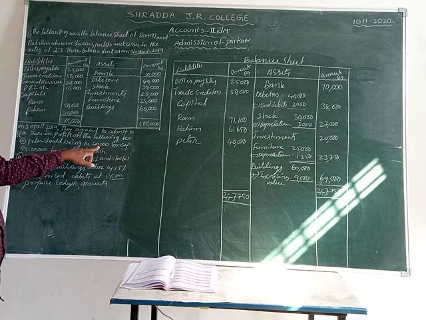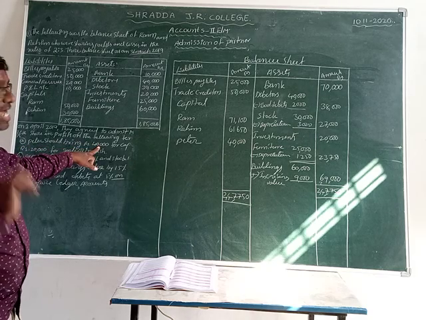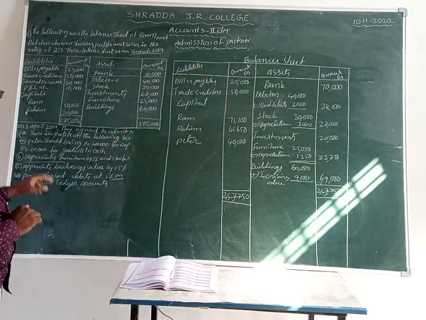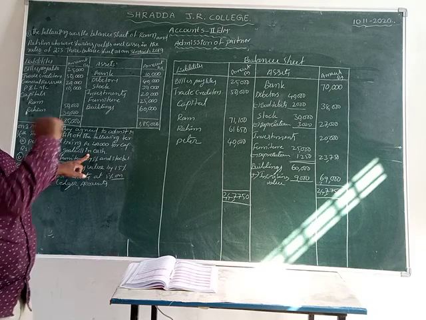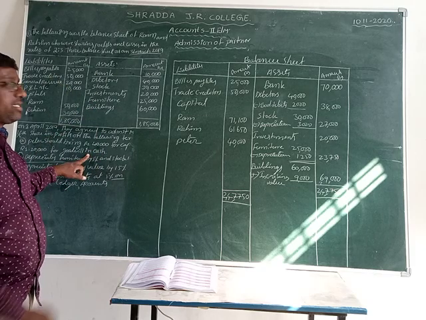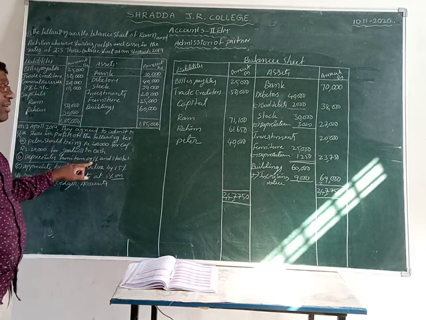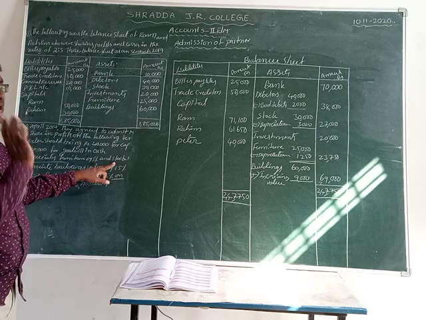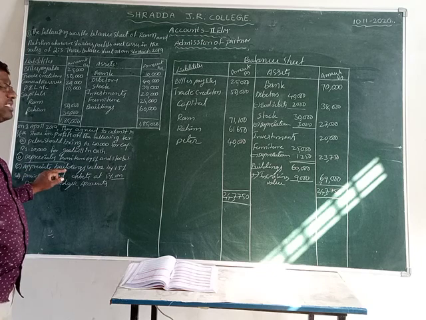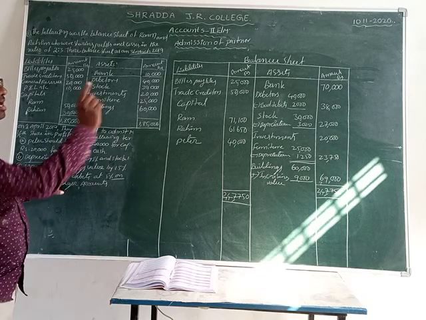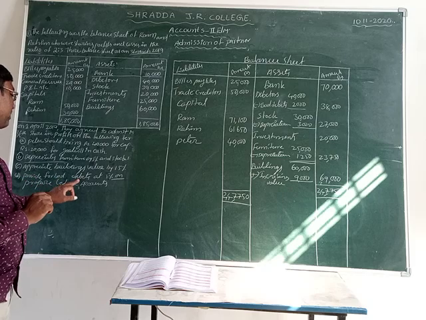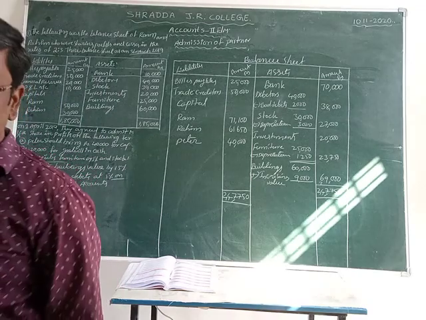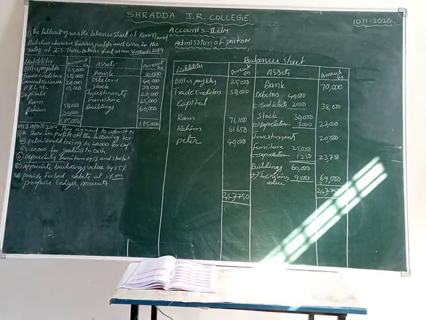So Peter's capital we can record in the cash account and also in the partners' capital account. Goodwill also we record in the goodwill account and partners' capital account. Furniture, stock, buildings, and provision for bad debts we record in the revaluation account and the asset side. So each and every adjustment we record two times, students.